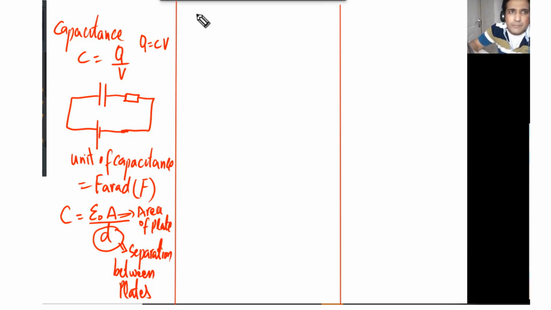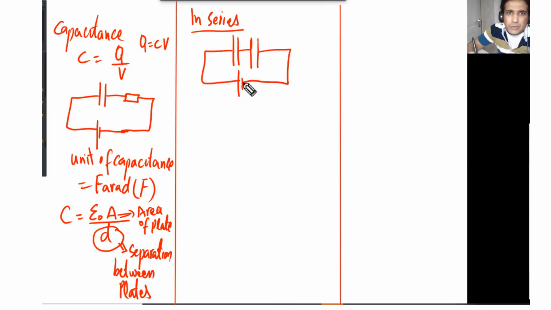And also we have discussed about capacitors in series. So last time we were talking about capacitors in series. So we saw if we have capacitors attached like this, and let's say these capacitors are connected with a power supply, so like this.